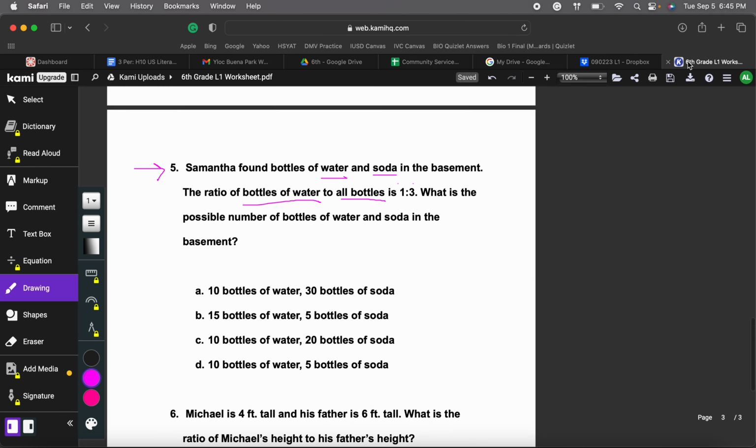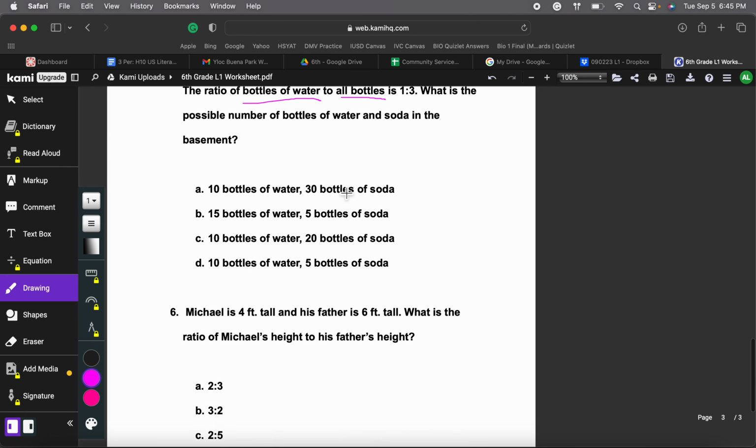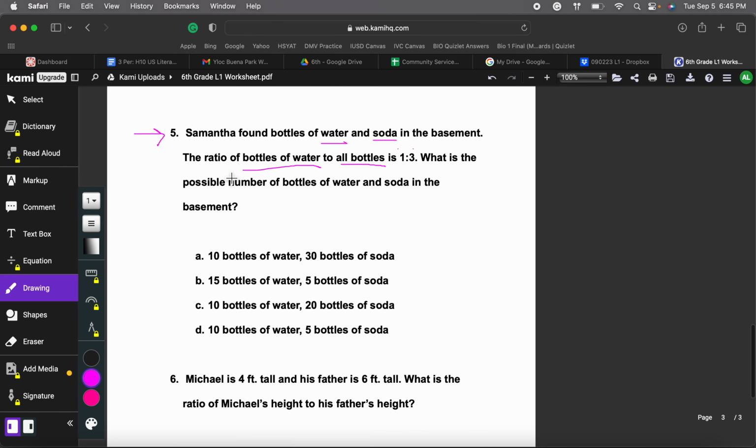Okay, so we're going to look here and we're going to try to find out what the total number is and what they're looking according to that number 1.